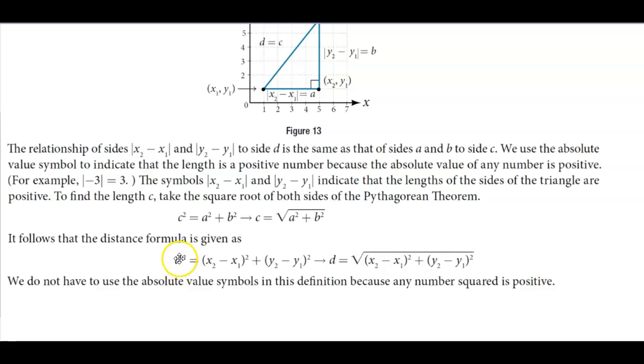Now, if we want to solve for D, we're going to take the square root of both sides, which then gives us D, which is equal to the square root of (x2 minus x1) squared plus (y2 minus y1) squared. So we do not have to use the absolute value symbols in this definition because any number that's going to be squared is going to be positive.